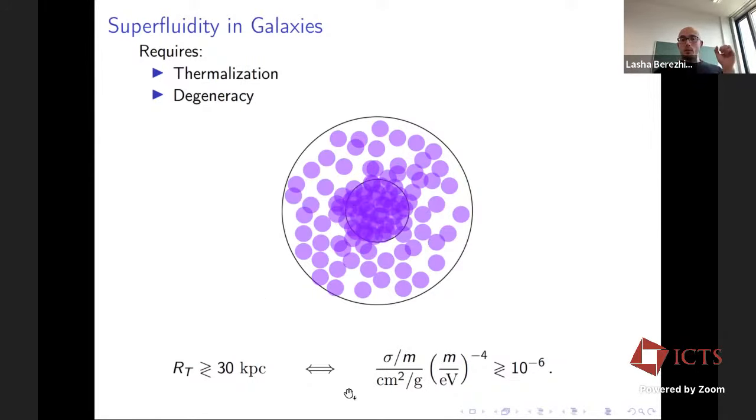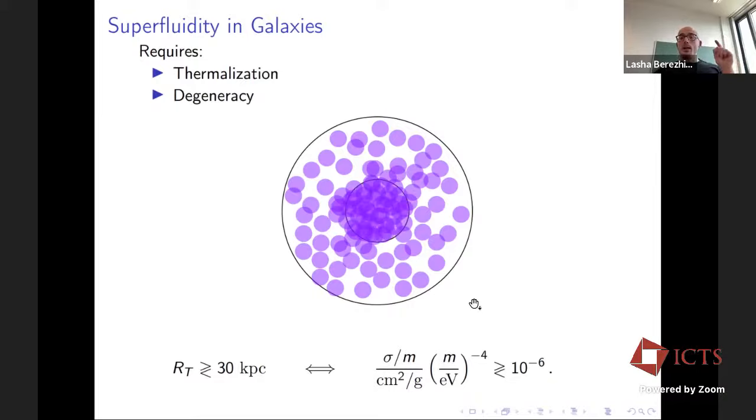And it's easy to formulate the result in this way. Whether the thermalization radius is bigger or smaller than 30 kiloparsecs is equivalent to this constraint on the parameters of the theory. Okay, so the cross section and the mass.